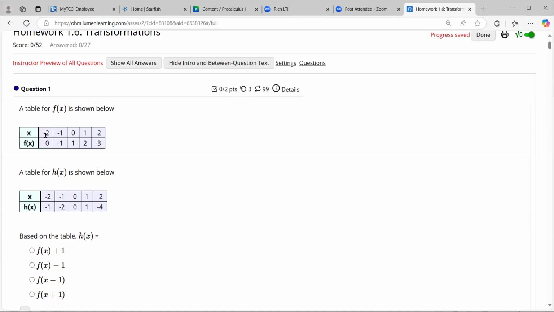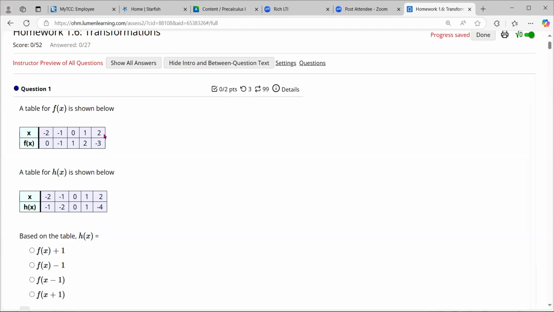For the same input, when output of f is 0, output for h is -1, 1 less than 0. For the input -1, the output for f is -1, but the output for h is -2, also 1 less than the output for f. You can see the pattern continues, right?